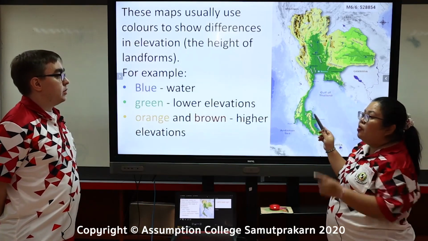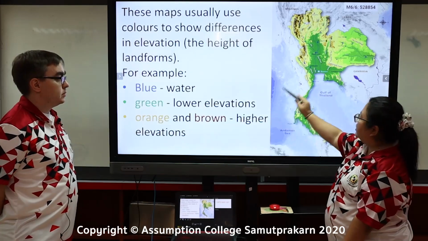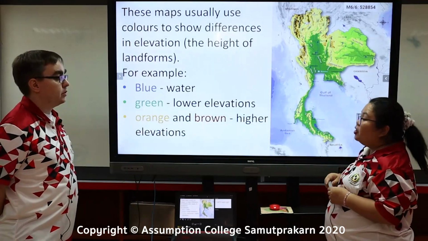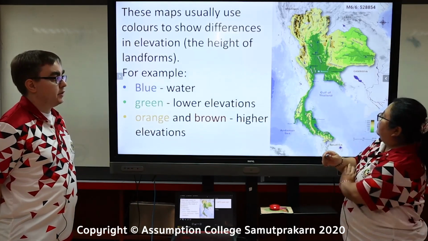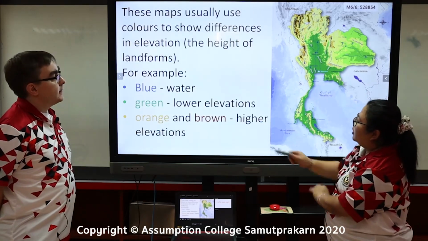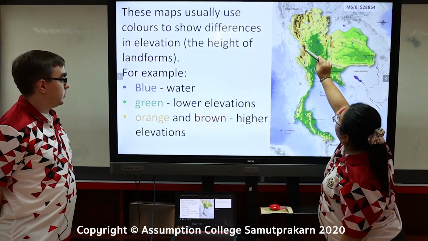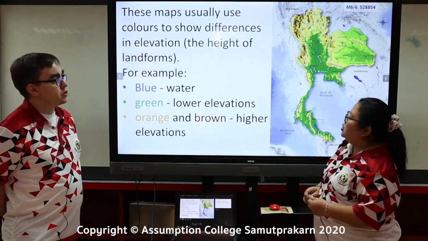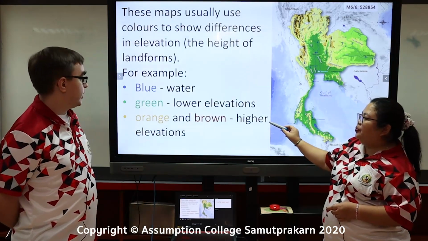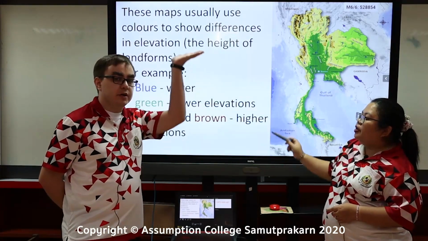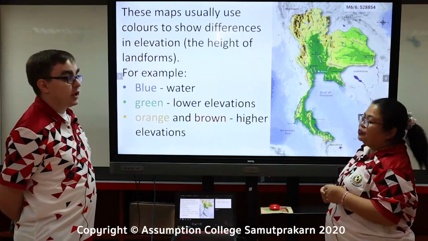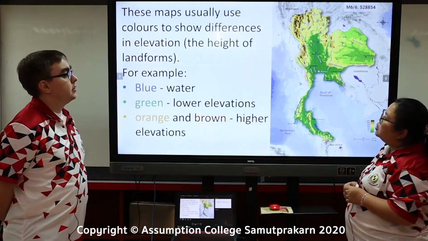And orange, maybe lower elevation, means plain. Also plains, flatlands, basically. And brown, orange, yellow can mean higher elevation. Mountain, hill. The darker the color, the higher the area.